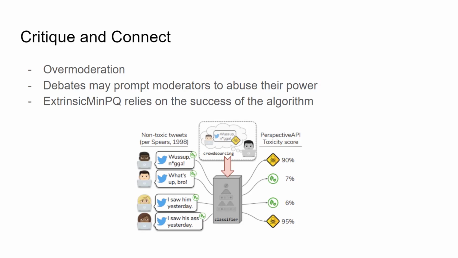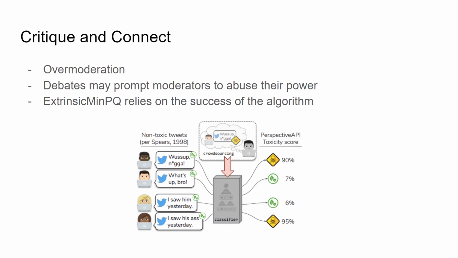All right. Yeah. So for our third point, we're going to tie it back to our extrinsic min PQ, and it's that the extrinsic min PQ relies on the success of the algorithm. So what we mean by that is that, as we talked about before, the extrinsic min PQ has a bunch of affordances that will have very real consequences on how the moderator and in turn the users behave on the website.